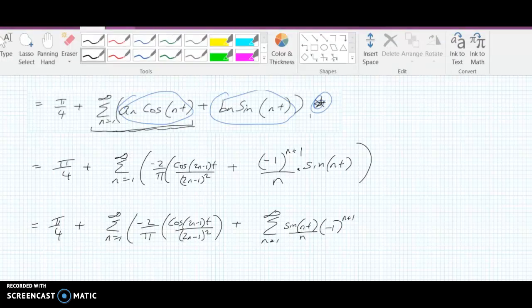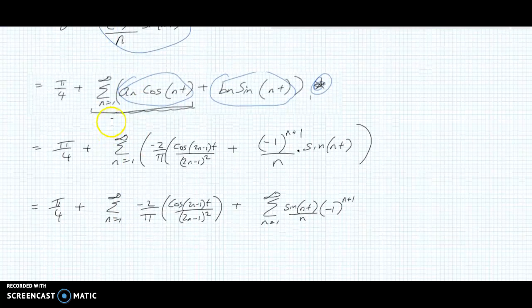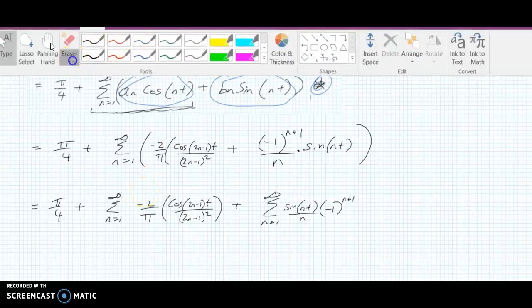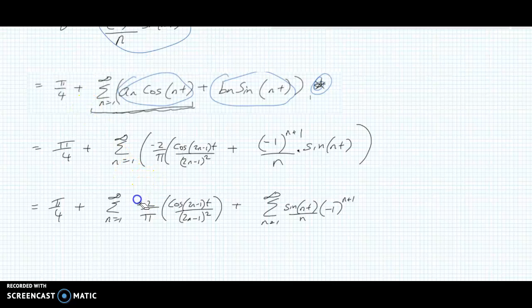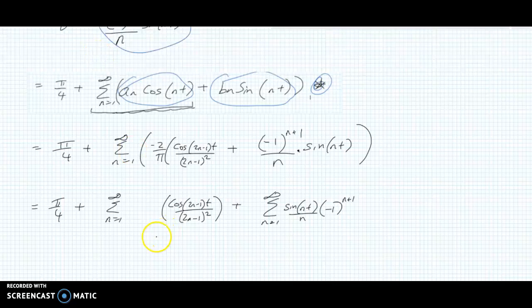I don't really need this little bracket, so I'm going to get rid of it. And then finally the minus 2 over pi comes out in front. I can erase that minus 2 over pi and stick it out in front of the sigma here.